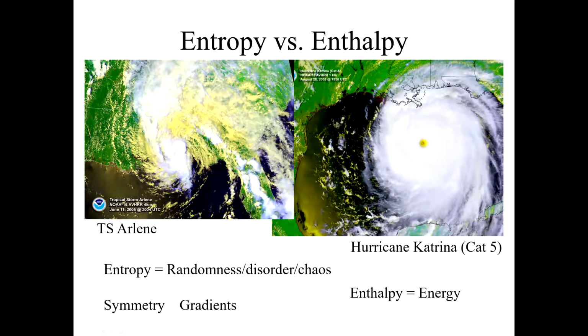We could draw an infinite number of planes of symmetry through this storm, and it would be roughly symmetrical about each plane. Whereas Tropical Storm Arlene over here doesn't have any symmetry at all. Maybe a little. You can see some bands of clouds here that are probably wrapping around, but not a ton of symmetry.